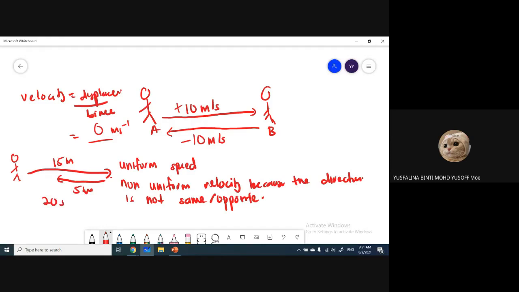So how do you calculate the velocity? When you move forward, it's positive 15, right? When you move backward, it's negative 5. So positive 15, negative 5, you will get positive 10. Then you already know the formula is displacement divided by time, right? So 10 divided by 20, you will get 0.5 m/s. So this one you can calculate the velocity. For the earlier one, you can calculate it, but the value is 0 because it comes back to its original position.